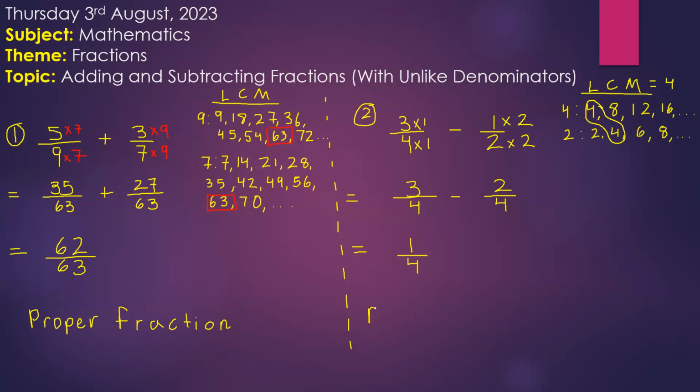Mr. Patricia, you could do another one for me, please. Of course, we will do another one. Another 2 to be exact. So both of these are proper fractions. Why? Because the top number is less than the bottom number. That's why they are proper fractions.